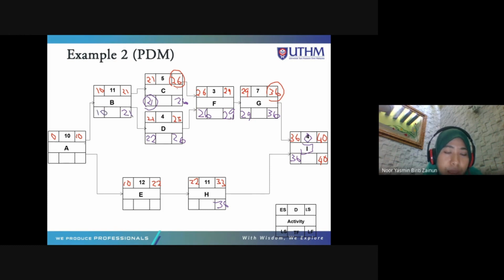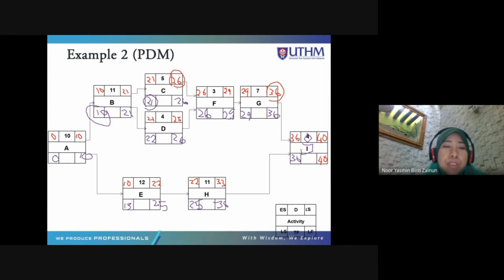So two arrows coming out, so you have two choices, which is 36 minus 11 is 25. Okay, so 25 here. 25 minus 12 is 13. 13 and 10, the smallest value is 10. So 10 here. 10 minus 10 is 0.